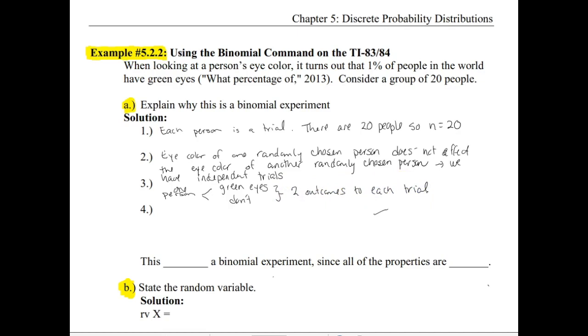And then the fourth thing is that the probability of a success has to remain the same. So in this case, we're going to look at the probability that a person has green eyes. And that was given to us to be 0.01. So that is going to be our lowercase p for this case. Okay. All right, so this is a binomial experiment since all of the properties are met.